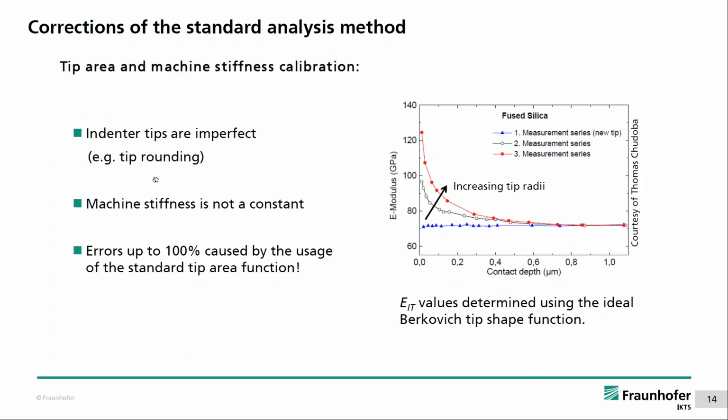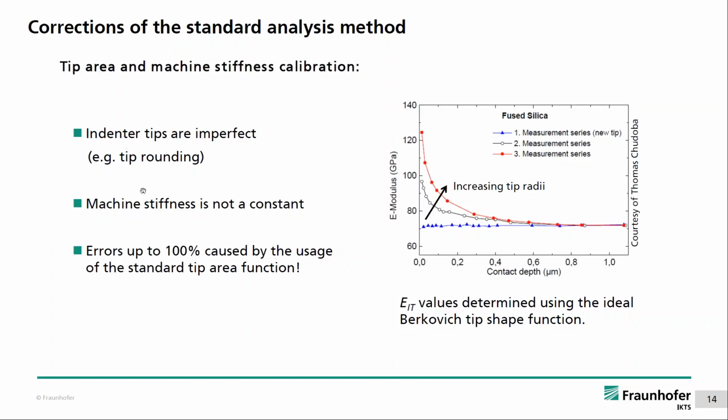And one of the most important things in nano-indentation is calibration. Calibration of the machine and calibration of the tip itself. And if you don't do it right, then you can really get errors up to 100%, so completely meaningless measurements. And sometimes calibration takes longer than the actual measurement. But it's very important.